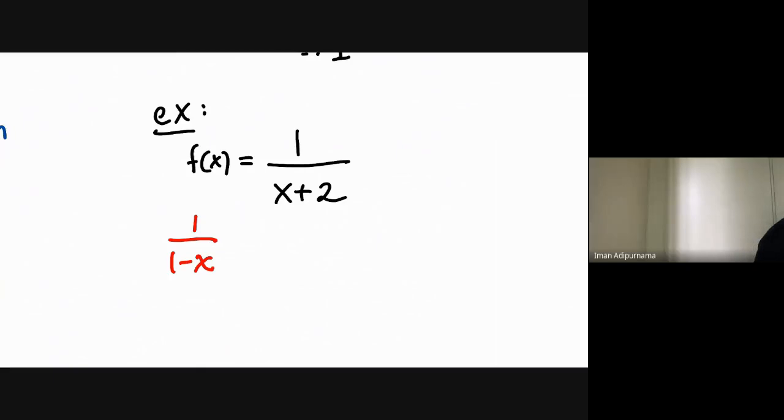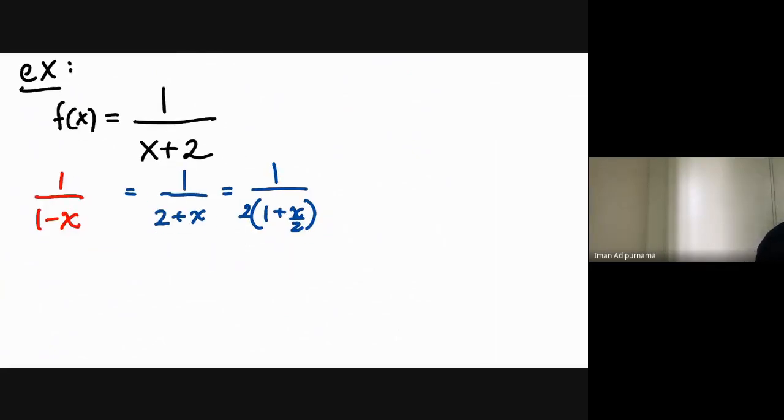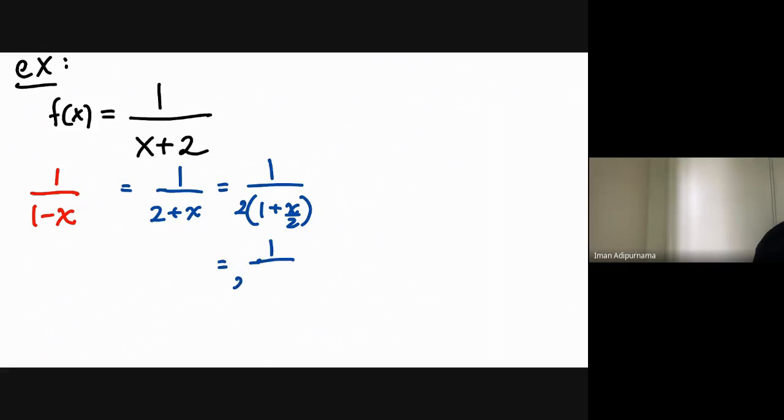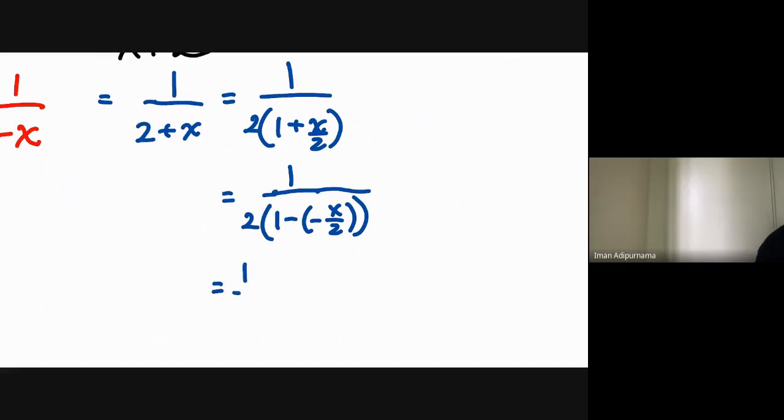So you can try from 2 plus x, and then, or maybe I will write to the left, you can factorize 2, and then from here, you can write like this. So it will be one half, and then we can write the sum. Okay.